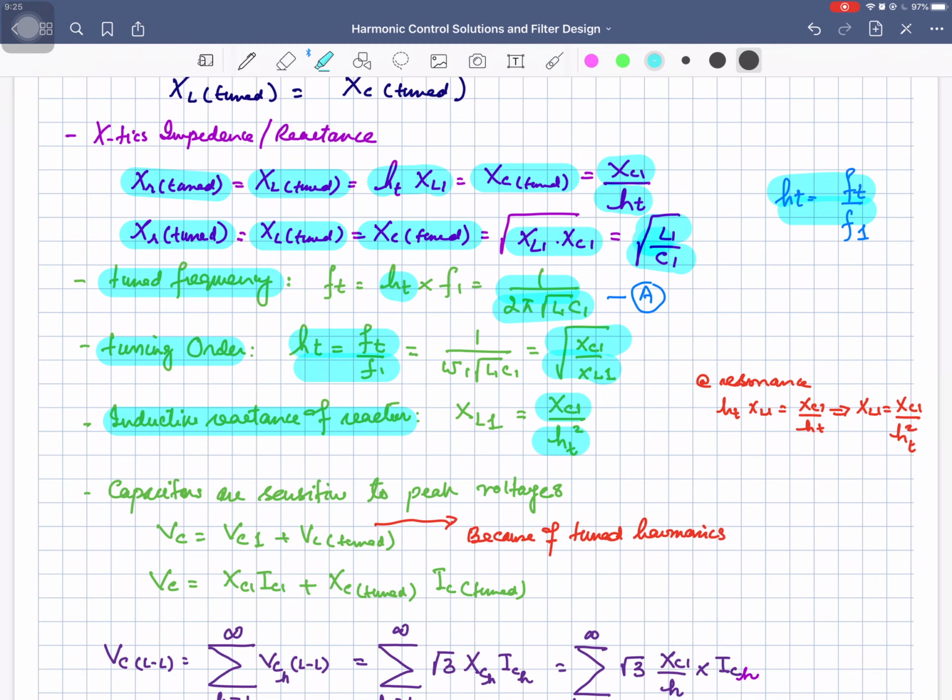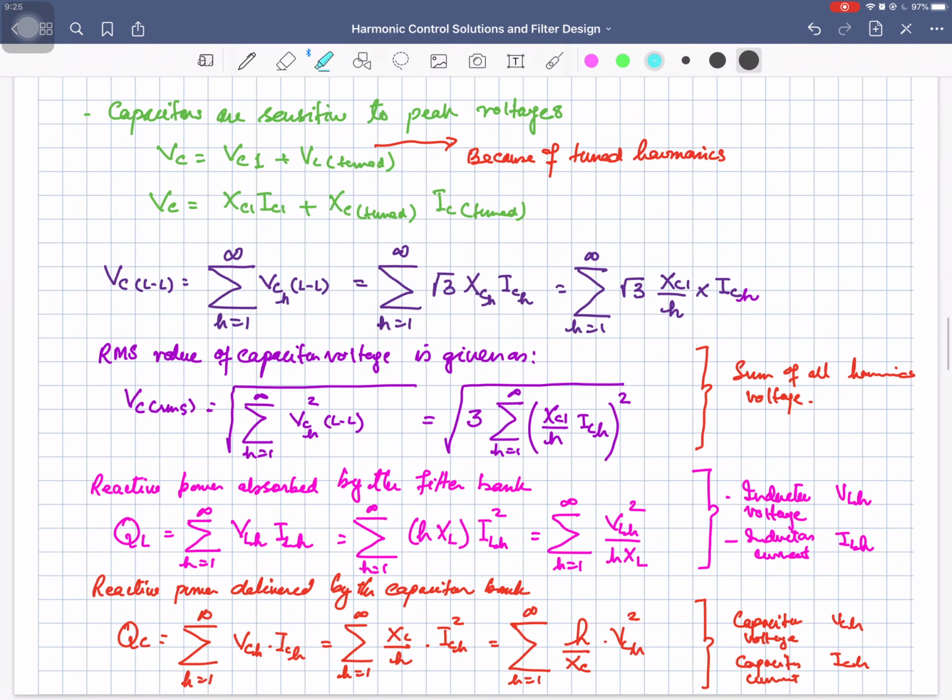Okay, now capacitors are sensitive to peak voltages. So, the voltage across your capacitor will be because of the fundamental component and because of the other harmonics which are present in your system. And as you are creating the resonance, particularly the voltage at the tuned frequency.